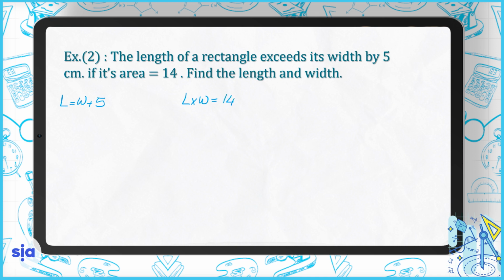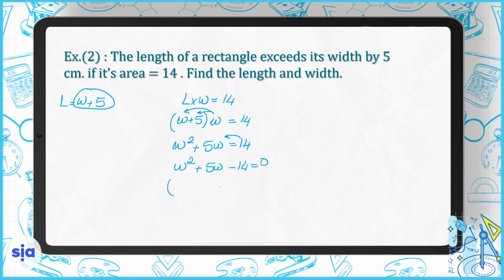Now we can substitute L by W plus 5, so W plus 5 multiplied by W equals 14. If you distribute this, W squared plus 5W equals 14. Put the 14 inside, so W squared plus 5W minus 14 equals 0.